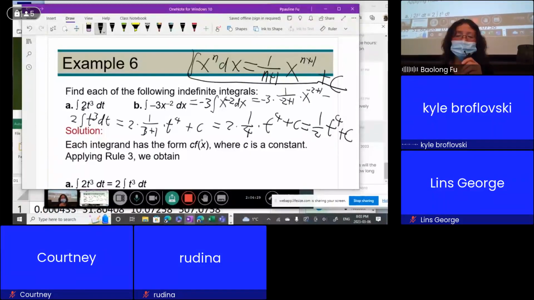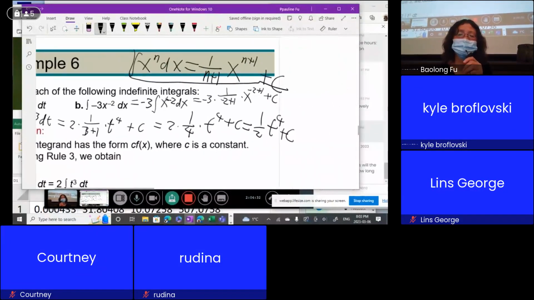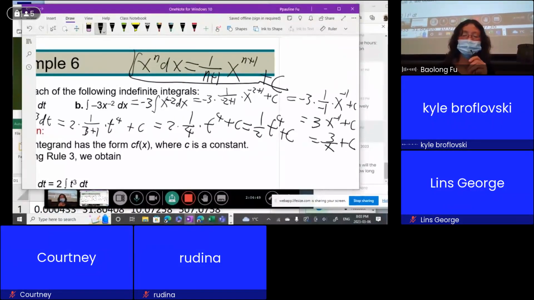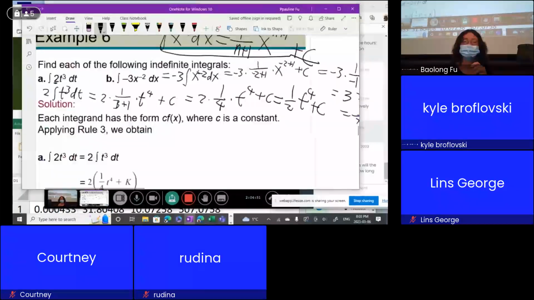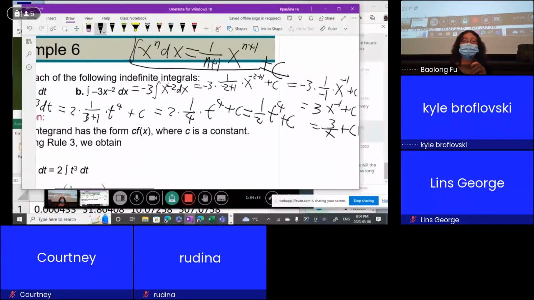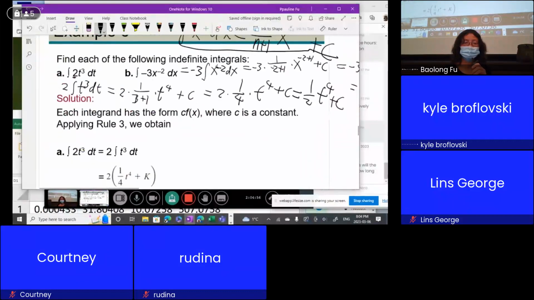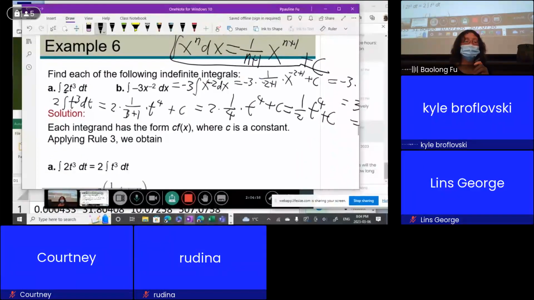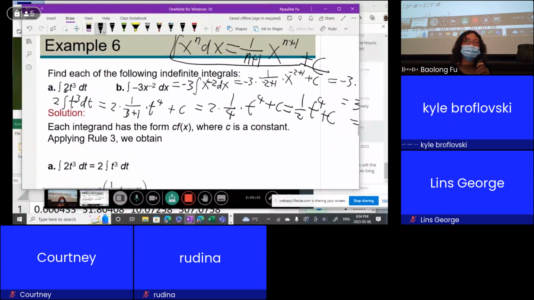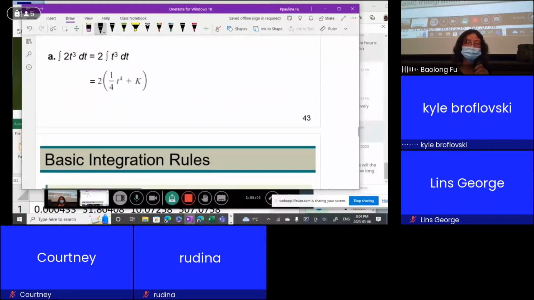So it equals -3 times -1 x^-1, equal to +3 x^-1, which is 3/x plus C. I strongly suggest when you go home, redo these questions.